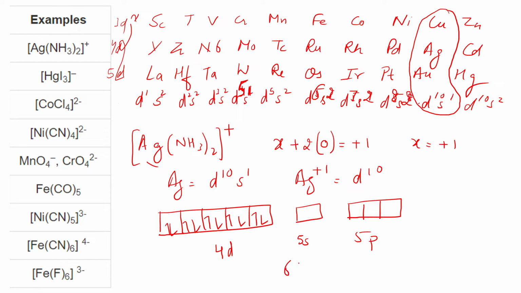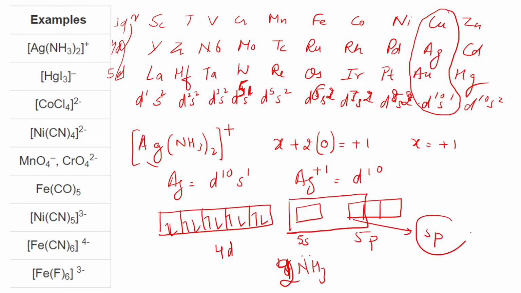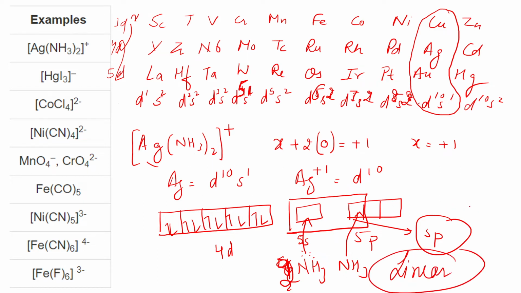Since there are two ammonia molecules, the hybridization will be s and p. sp hybridization will be there, and the two ammonia will donate their electrons, one each, to these two sp hybridized orbitals, and the shape will be linear. Is there any unpaired electron? No, so the complex is diamagnetic as well.